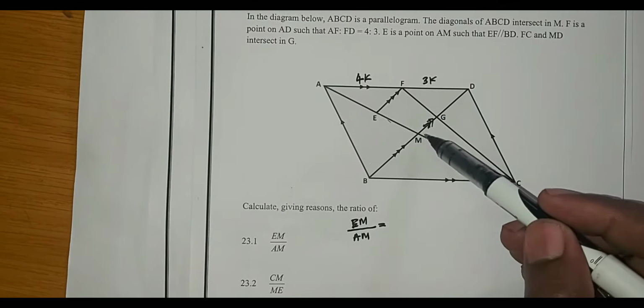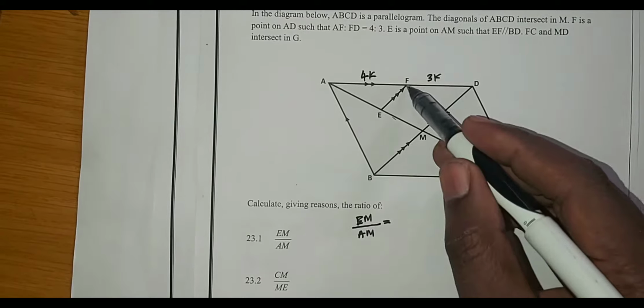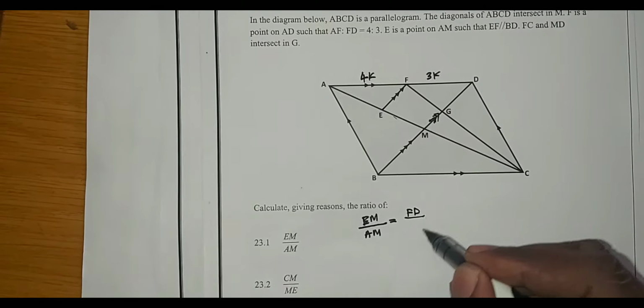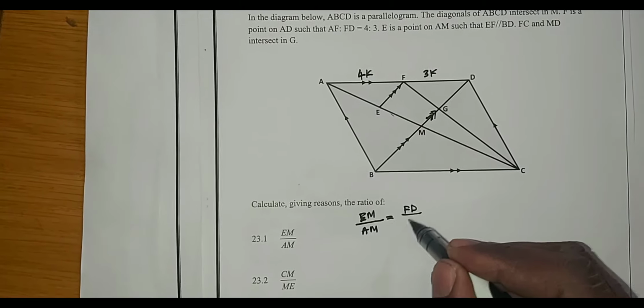Actually, we can also put that one here. So EM over AM is equal to, in this case, FG over AD.